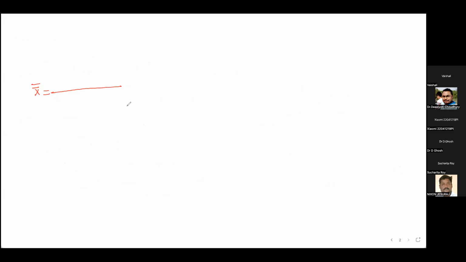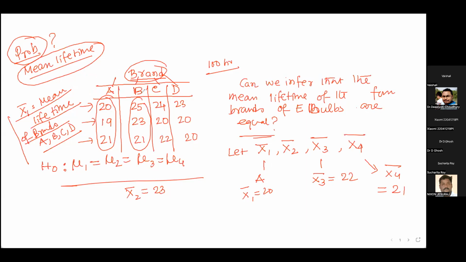Now we would like to see the grand mean. In this grand mean, we have X1 bar plus X2 bar plus X3 bar plus X4 bar divided by how many types of brands are available. There are 4 brands. 1, 2, 3, 4.